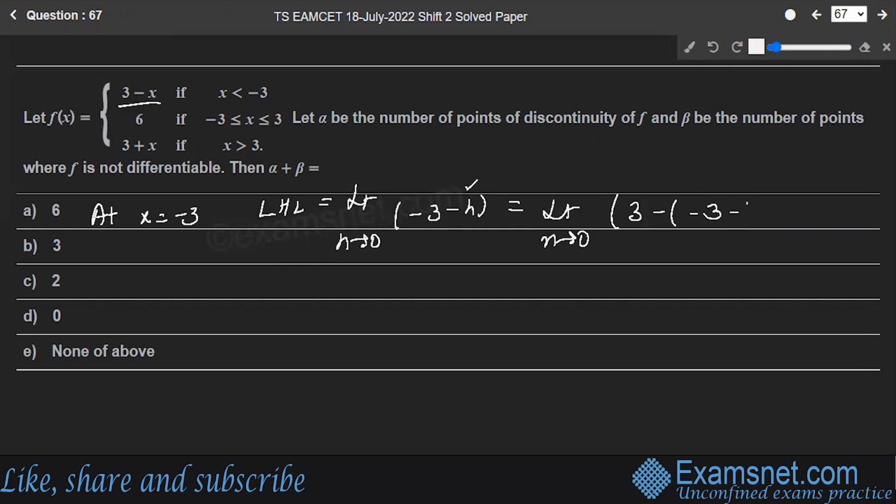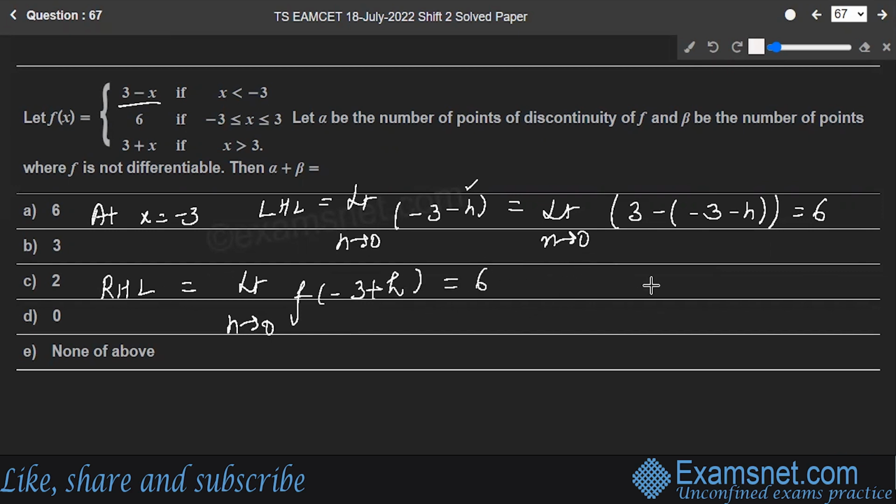So this will be 3 minus (minus 3 minus h). Now this is given to you as 6. Now using the right hand limit, h approaching 0, function of minus 3 plus h. Now this is equal to 6.